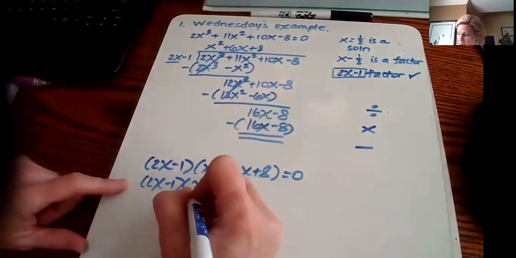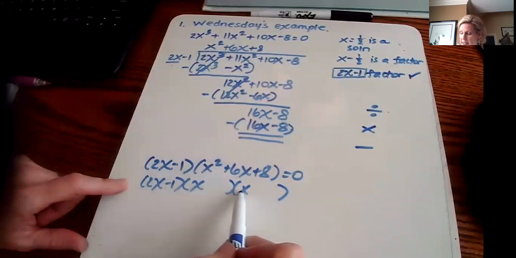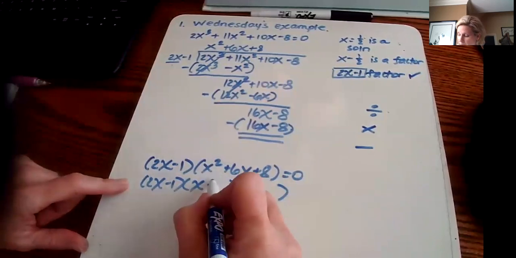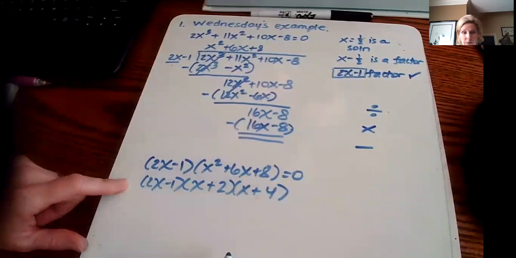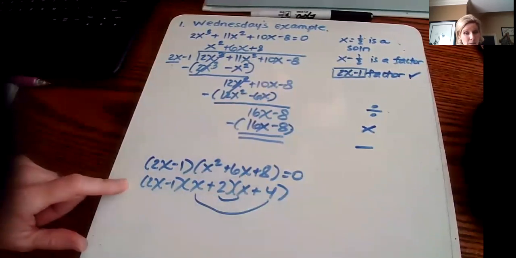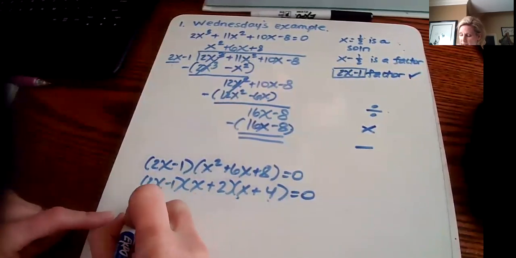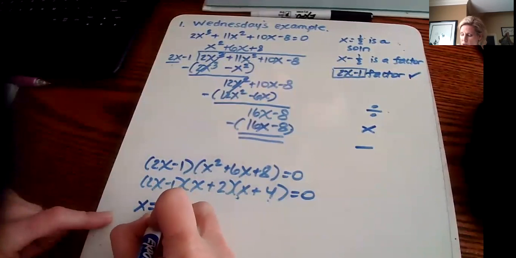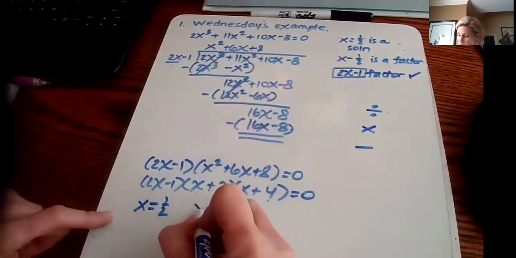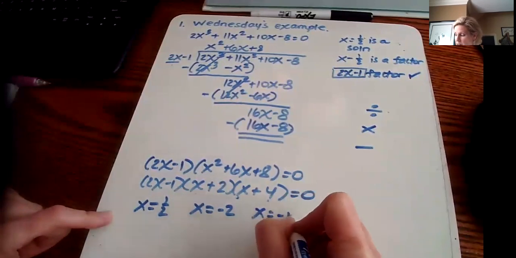And FYI, we factored this by saying x squared is x times x, and we figured out 8 is 2 times 4, because that gives you 4x and 2x to give you the 6x in the middle, equals 0. And then 2x minus 1 gives you an answer of 1/2. X plus 2 gives you an answer of -2. X plus 4 gives you an answer of -4.